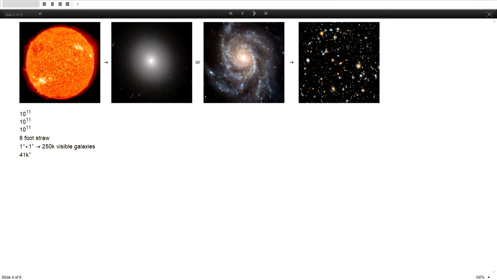So the galaxies that I look at, let me tell you how many galaxies I have to go through to look for gravitational lenses. So if you have 1 degree by 1 degree, so 1 square degree, you have 250,000 galaxies. So 250,000 images that you have to go through.